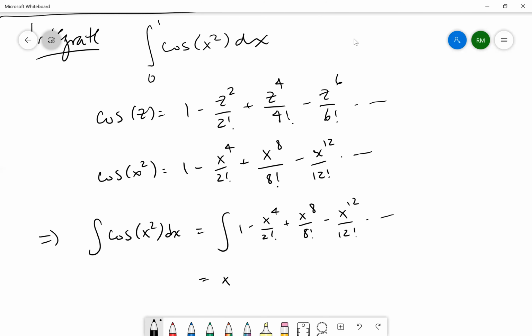So I should get x minus x to the 5th over 5 times 2 factorial plus x to the 9th over 9 times, excuse me, I made a mistake. It should be 4 factorial, 6 factorial.